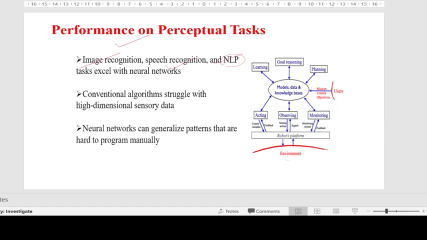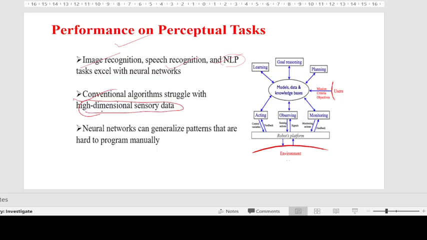And conventional algorithms struggle with high dimensional sensor data. If you have huge volumes of data, a conventional algorithm struggles to handle it efficiently, whereas a deep learning model can handle huge volumes of data efficiently.